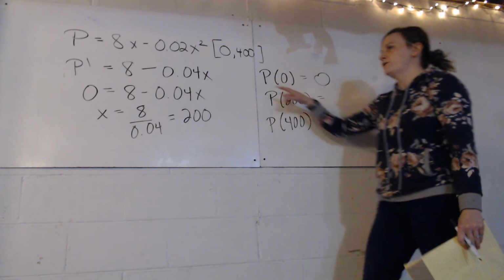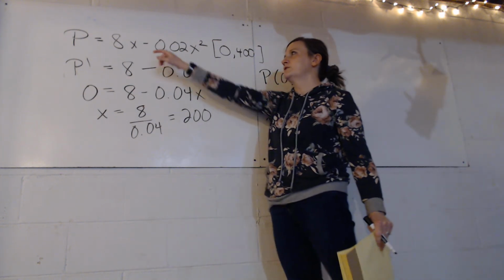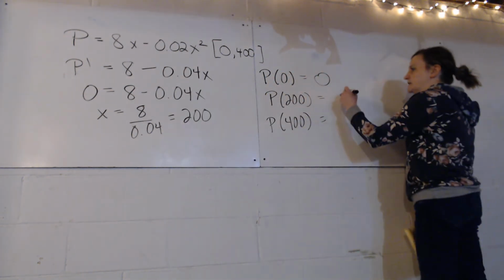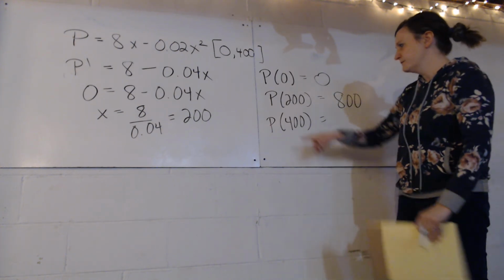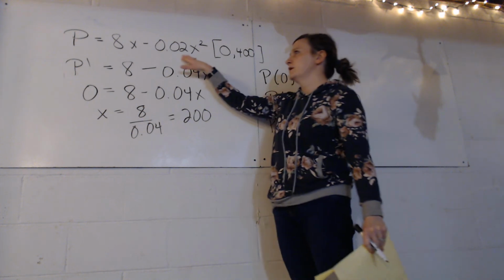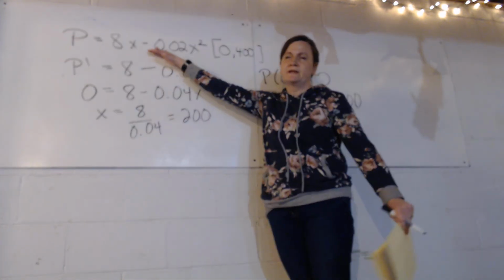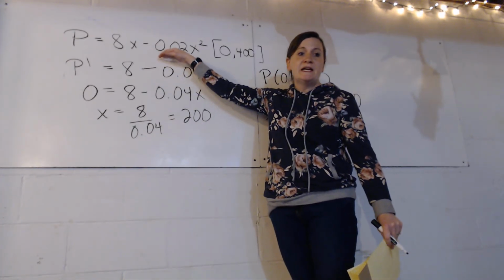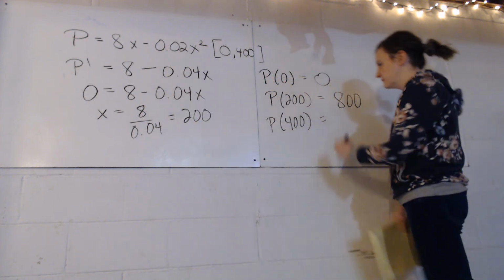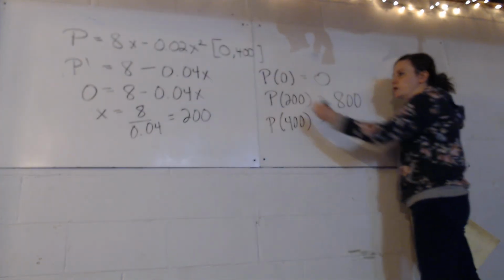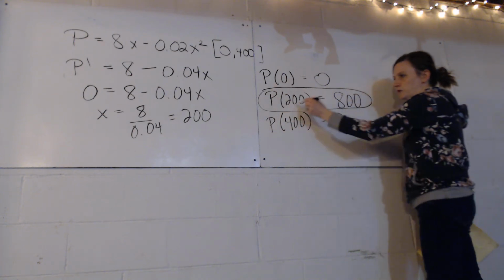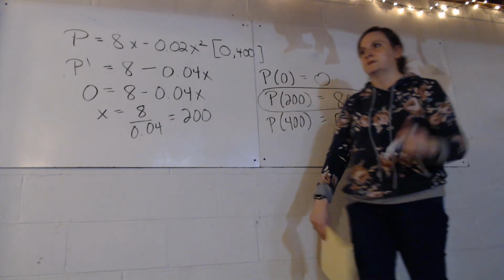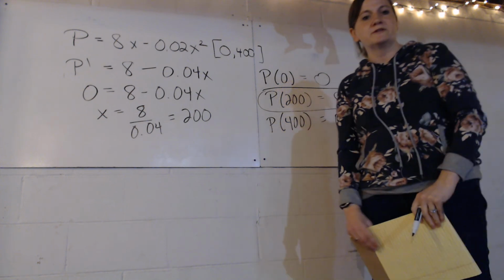P at 200, if I plug 200 into this original function and plug and chug, out I get an 800, I believe. And 400, if I put 400 in, that's the max they can do in a day, it actually turns out that I get 0 profit. And so the maximum is at 200.